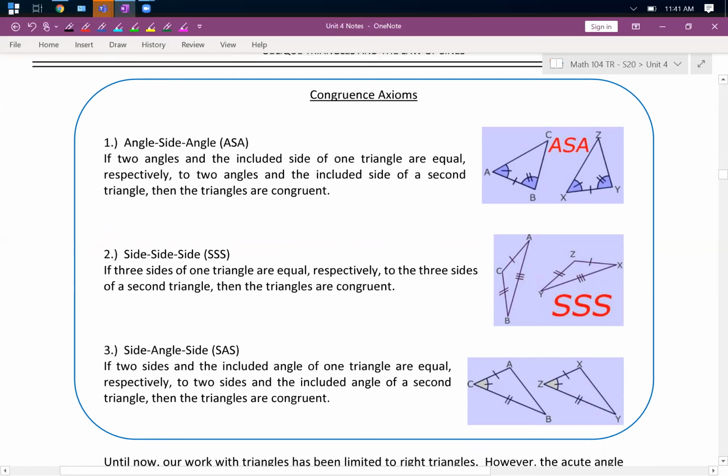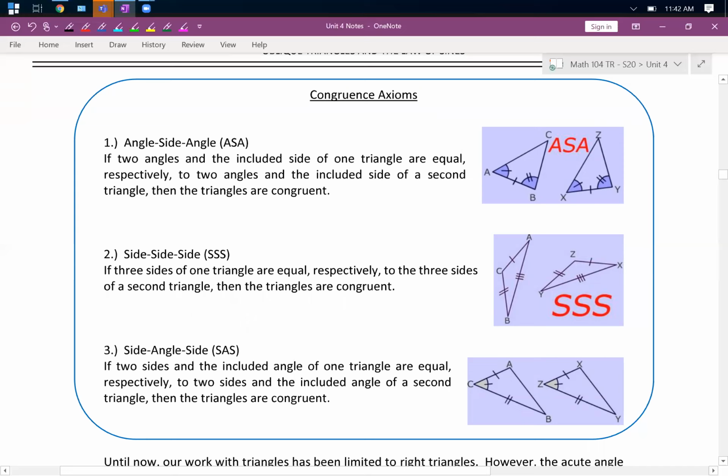We just don't use the word equal because it's a different triangle, but it's the same size. So first up is our angle side angle congruence axiom. If 2 angles and the included side of one triangle are equal, respectively, to 2 angles and the included side of a second triangle, then those 2 triangles are congruent.